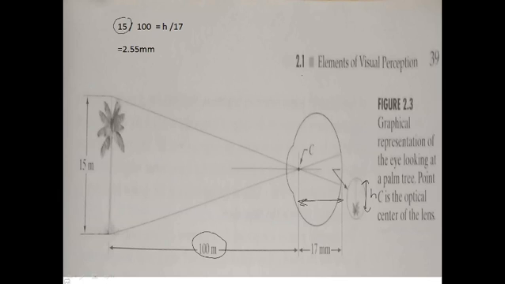Here you can compare a camera with a human eye. In a camera, the focal length is fixed, and the distance between the imaging plane and the lens can be varied.